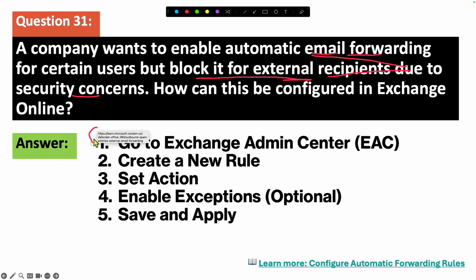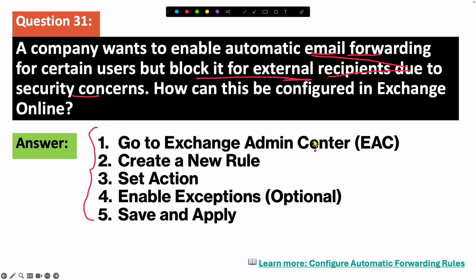All right, so these are the steps I mentioned here for how you can do it. First, you have to go to the Exchange Admin Center. First and foremost, you need to know that there is an Exchange Admin Center. I have shown you a couple of times so far the Microsoft 365 Admin Center, where you can manage the users, the domain, the groups, and other super high-level settings in the tenant.